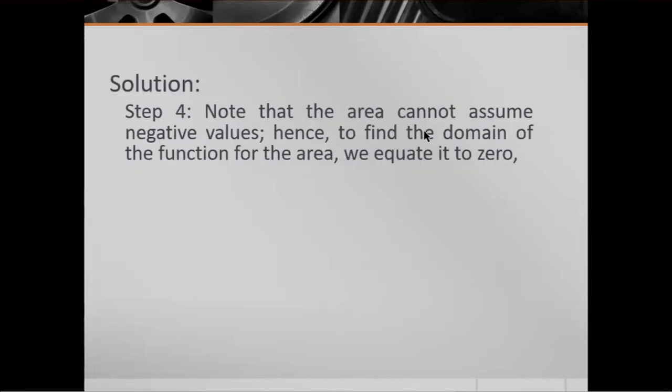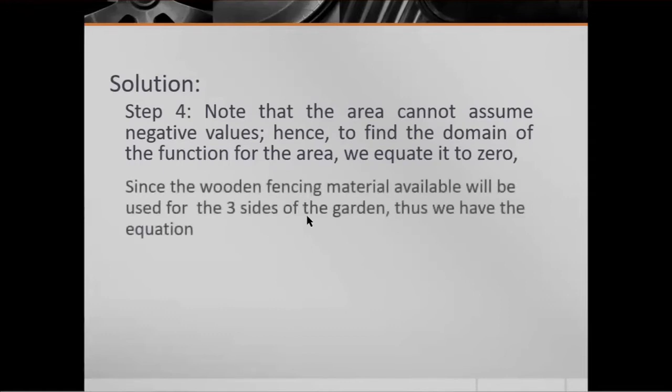Note that the area cannot assume negative values. Hence, to find the domain of the function for the area, we equate it to 0. So equate natin ngayon yung ating area na na-obtain natin sa step 3 into 0. So magkakaroon tayo ng dalawang possible value of x.